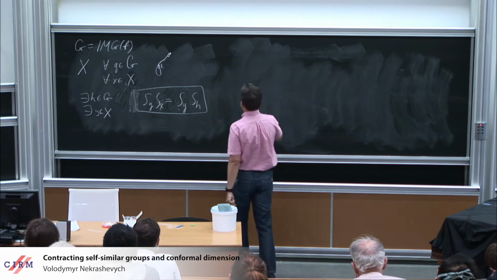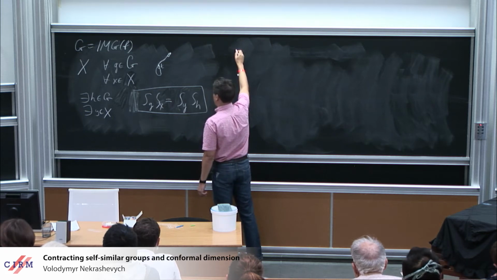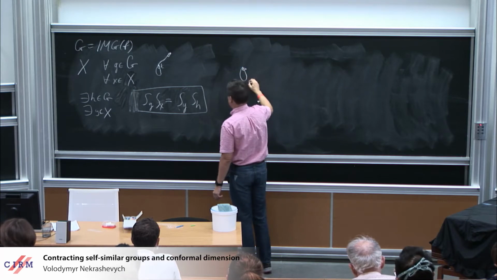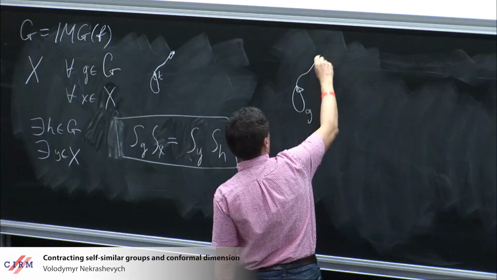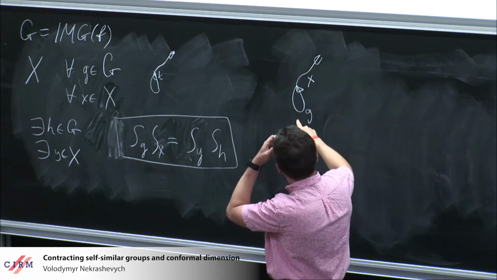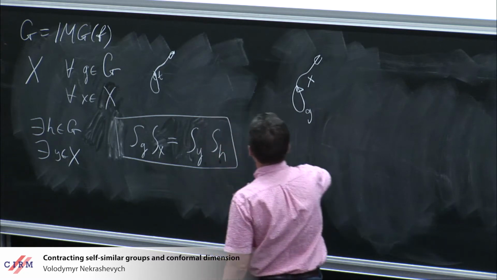Let me explain it. Since it is an inverse semigroup, I can rewrite it in a different way. So this is our path G, this is our path X, and so what are these H and Y?